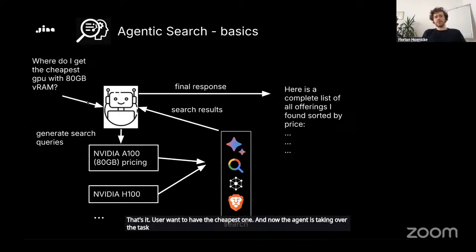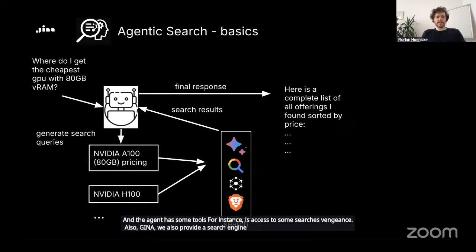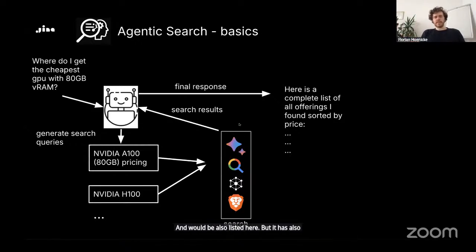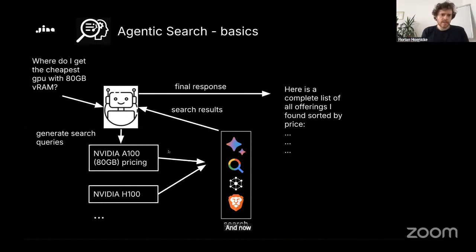Instead of directly putting this in the search engine, the agent gets the query, and it has some tools. For instance, access to some search engines. At Jina, we also provide a search engine, search.Jina AI, and it will be listed here too. But there are also others like Brave, Perplexity, and so on. The agent takes this very specific query, but doesn't put it directly in the search engines.